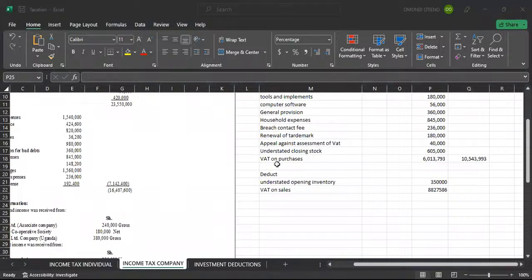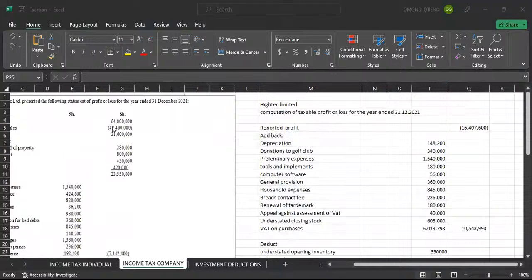So any VAT that is there should not be used to reduce or increase your taxable income. As you can see, our sales up here has VAT, which means it is exaggerating. It is increasing our gross profit, so we have to remove it.